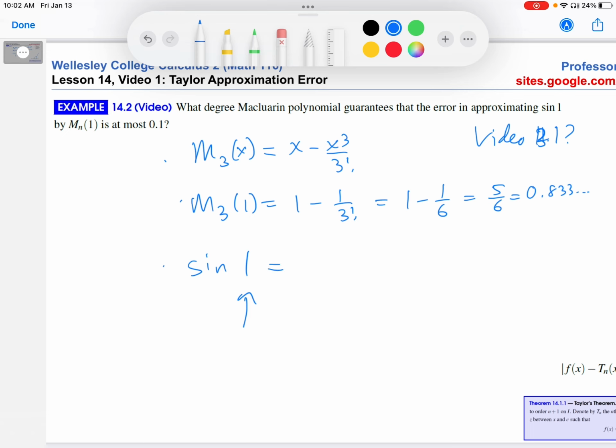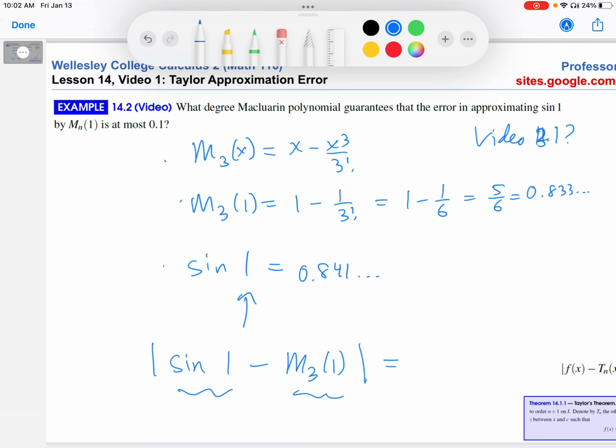Okay, if we write out now sine of 1, we're looking at radians here, always radians in calculus, this ends up being 0.841 dot dot dot. So when we look at the difference that we were working with here, sine of 1, the actual value, minus the third degree Maclaurin polynomial of sine of x evaluated at x equals 1, that's what this is.